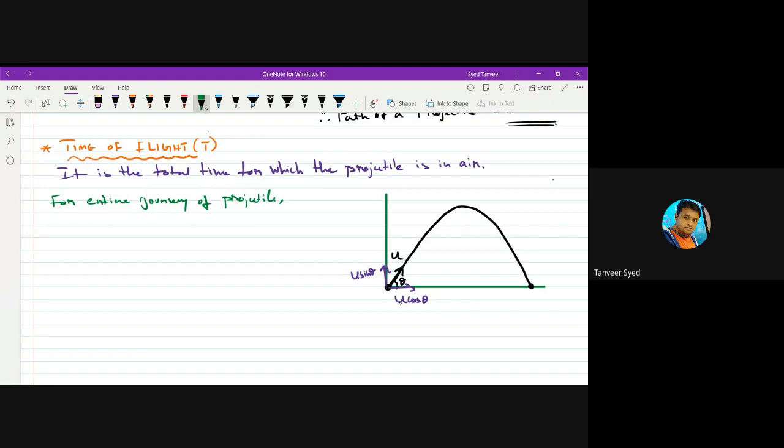If I write h is equal to ut plus half gt square, if I apply this equation for the entire journey of the projectile, then what is h? Vertical displacement. How much is this vertical displacement for the entire journey?